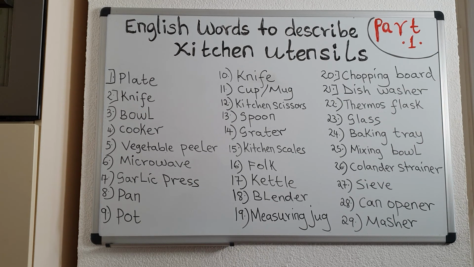The next word is colander strainer. Colander strainer. We use this to clean up vegetables that have already been cut into small pieces. Like, for example, when you buy cabbage, okay? When you buy cabbage, and you want to clean it up, then you put it inside the colander and you wash the cabbage with your strainer.